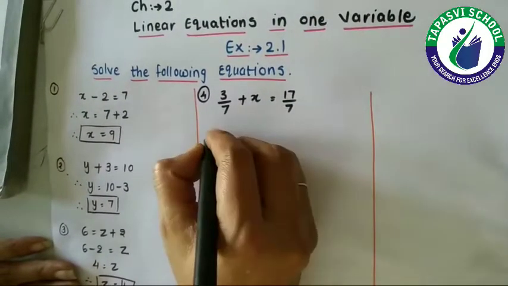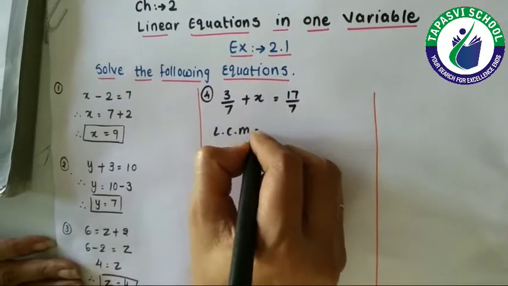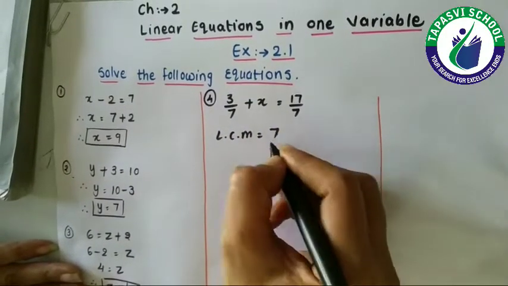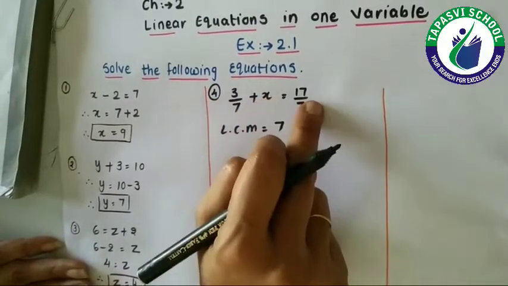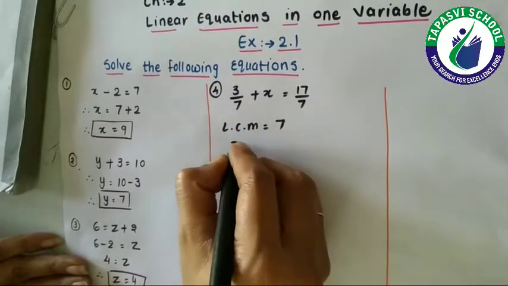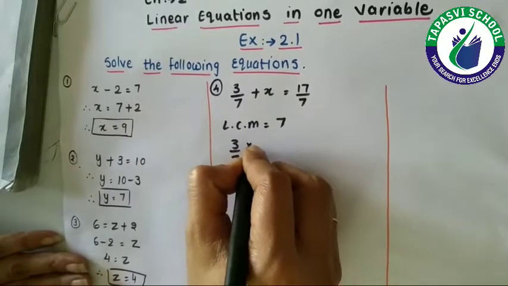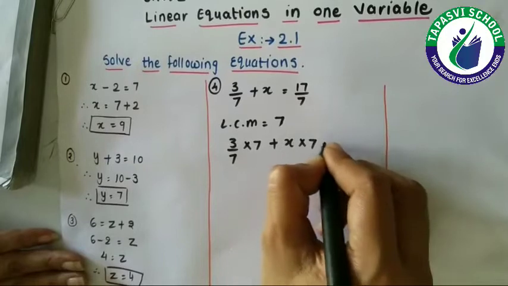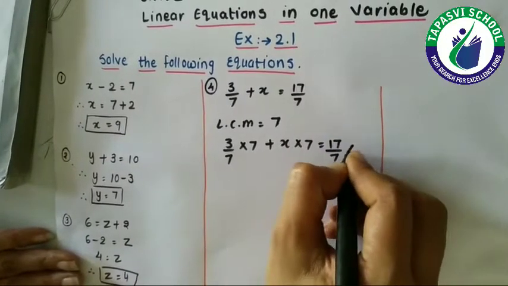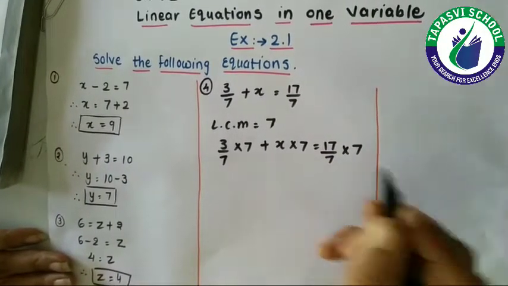So here my LCM will be 7. Now keep one thing in your mind: whenever we are taking LCM we have to multiply all the terms by the LCM. So here 3 upon 7 multiplied by 7, x into 7, and 17 upon 7 into 7.